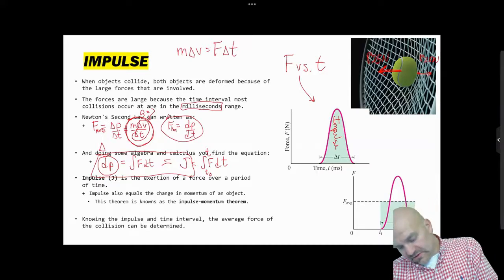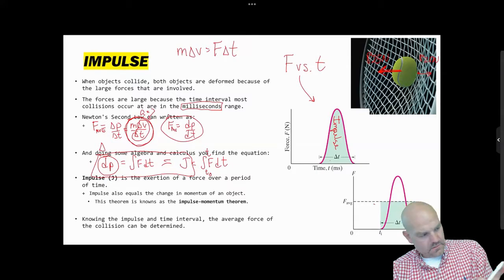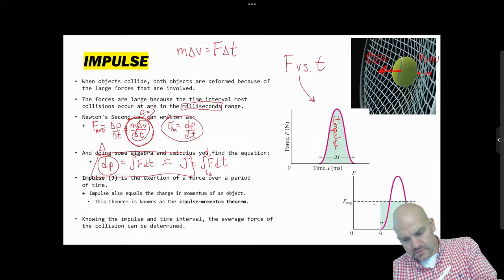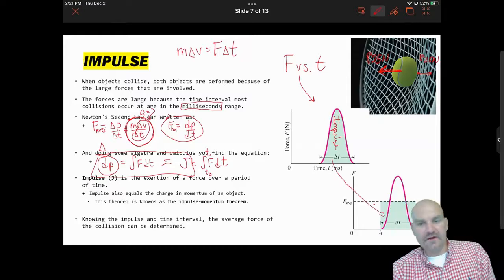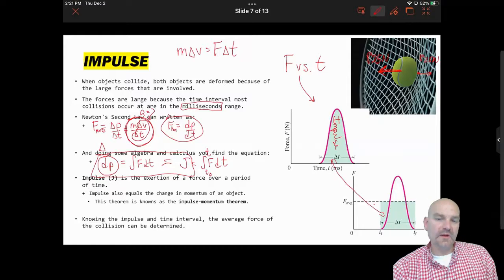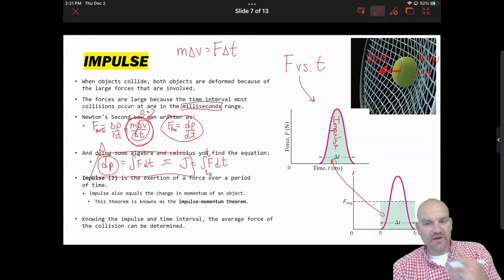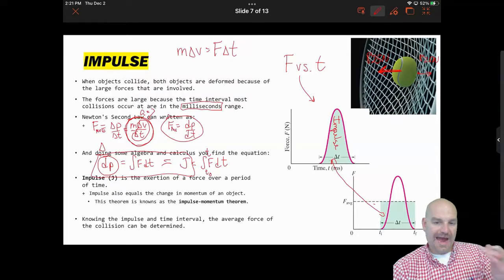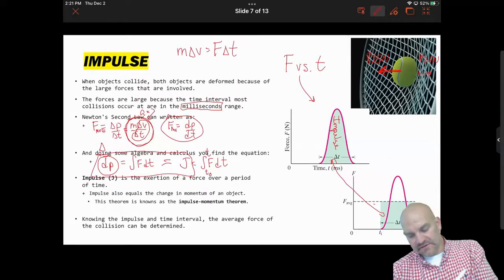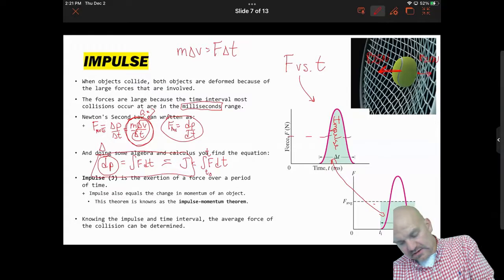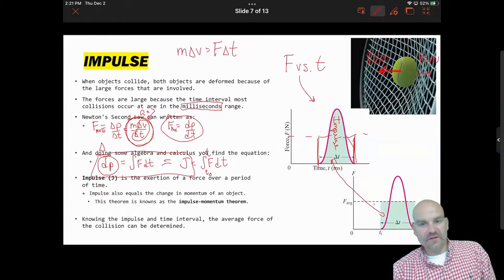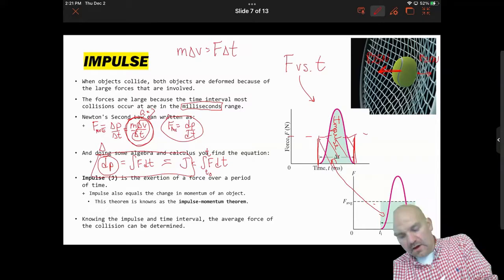These two shaded areas are equal. One tells me the impulse, the other tells me how to find the average force. Sometimes you see these graphs shown as an overlap, saying those two are the same.